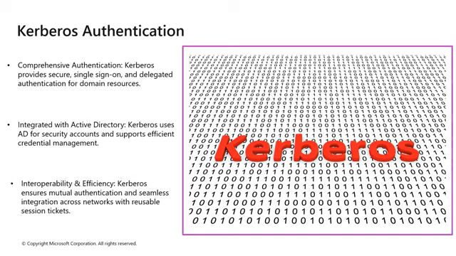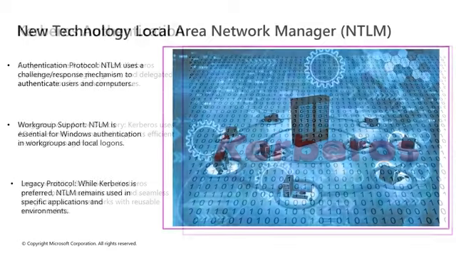Entra ID does have a capability, Entra Kerberos authentication, where you can create a domain controller-like environment to grant that Kerberos authentication in addition to the OpenID authentication that you would get natively through Entra ID. So we do provide some of that backwards compatibility, and it can be engineered into your solution.